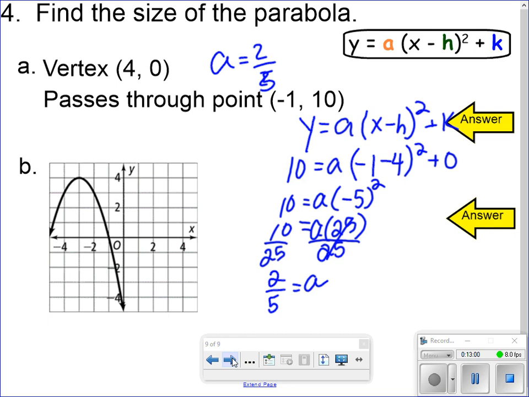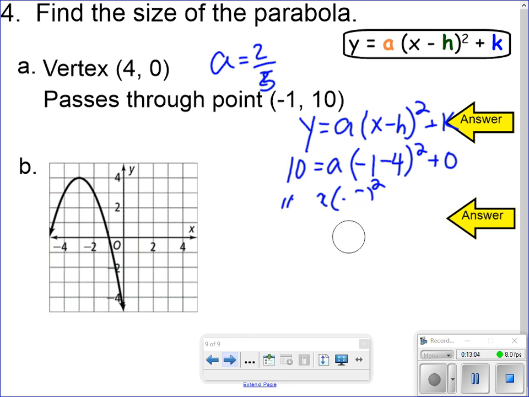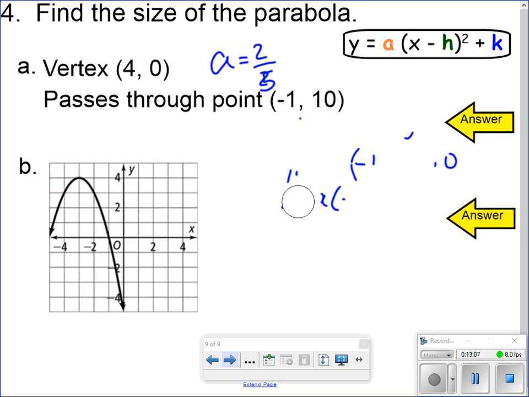Now, B is the same thing. I'm given multiple points on B, but I still need the vertex. I still need those points. So if I'm looking at B, and I'm looking at y equals a x minus h squared plus k.